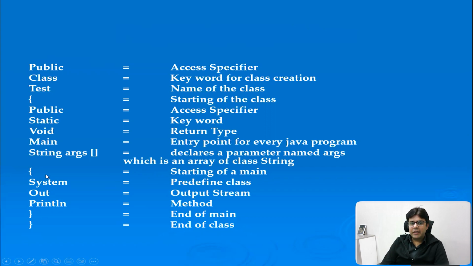This bracket is the opening bracket of the main method. System is a built-in class. Out is the output stream. If you want to print anything on the screen, you need to use this. Println is a method which is used to print any string on the command prompt. This is the end of the main method and this is the end of the main class.